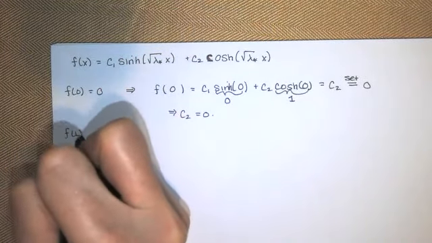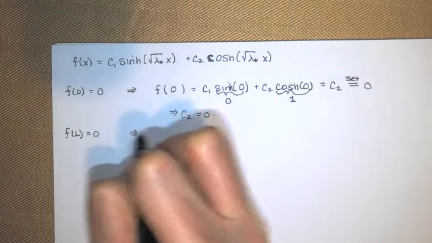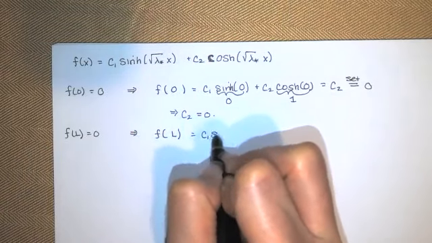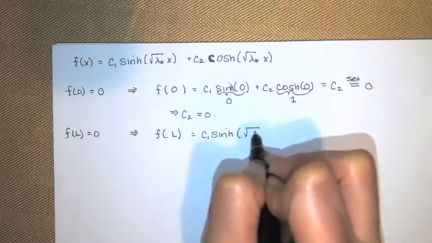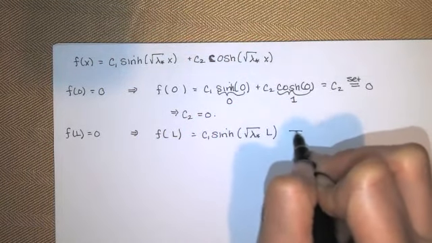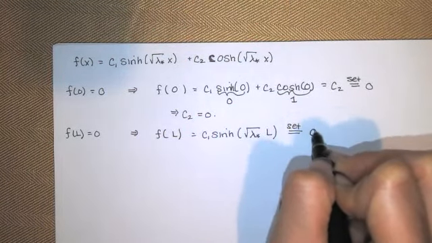So this term is gone. Now we also know that f of L has to be 0. So that means when I replace x with L, I'll have C1 hyperbolic sine of the square root of this lambda sub star times L. And we need to set that result equal to 0.